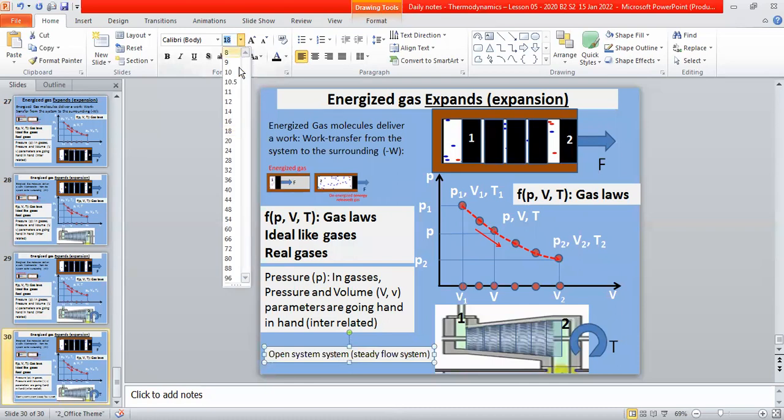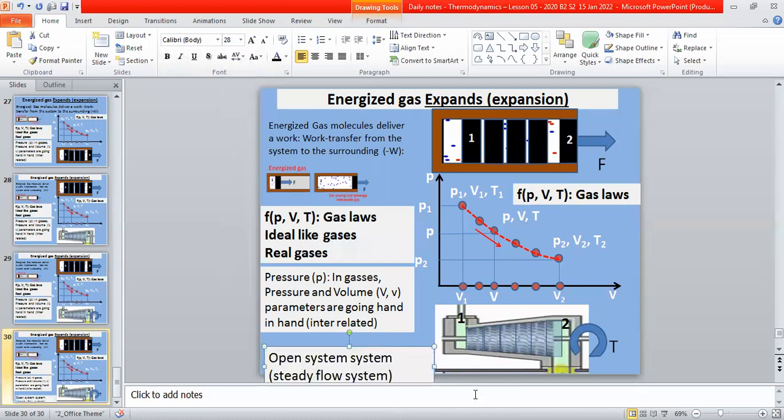Interesting, eh? This is an open system.